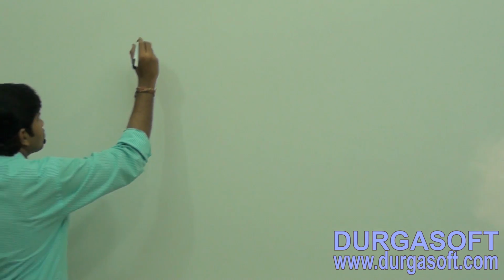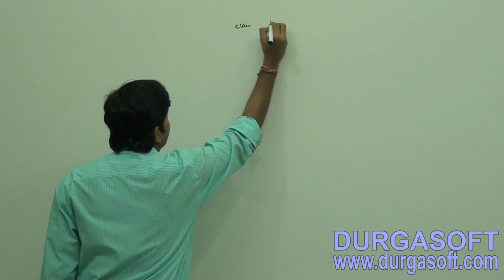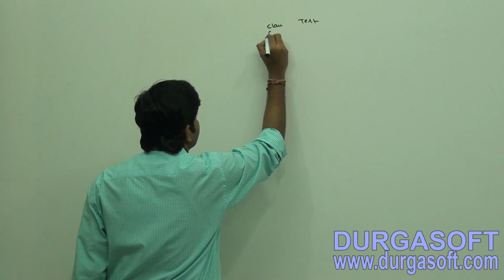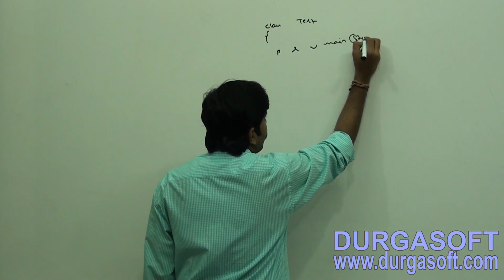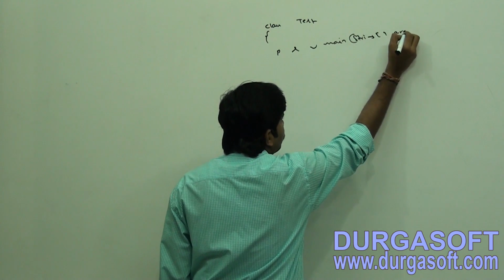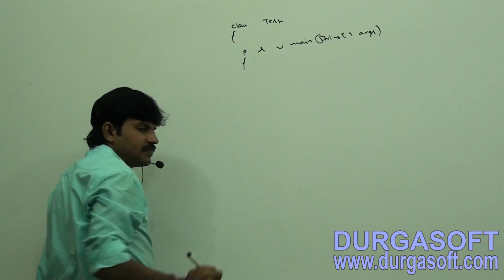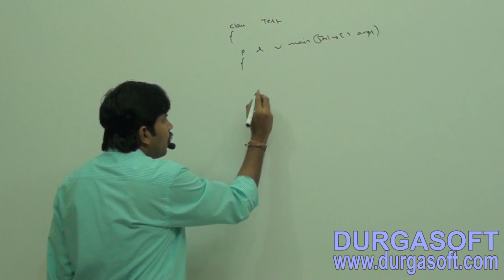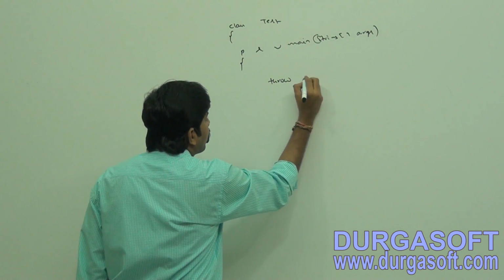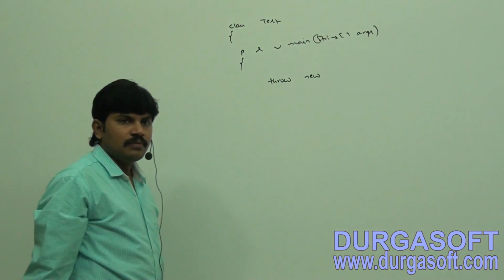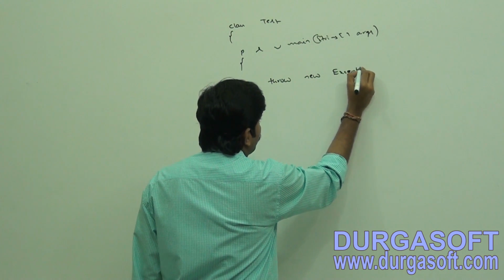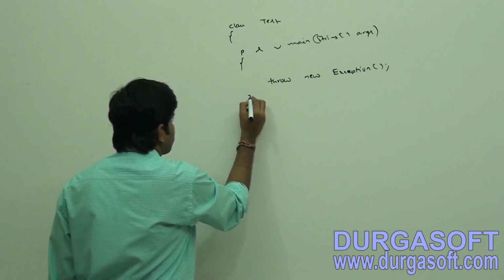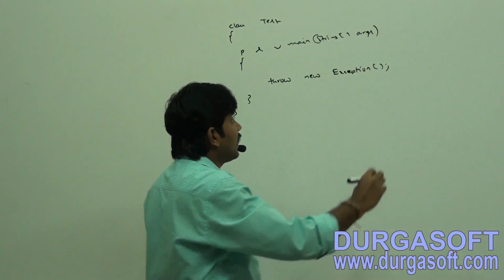Case 3. Here I am taking class Test, public static void main(String[] args) { throw new Exception(); }. Like this I'm taking throw new Exception.